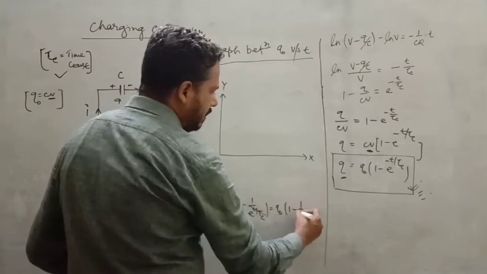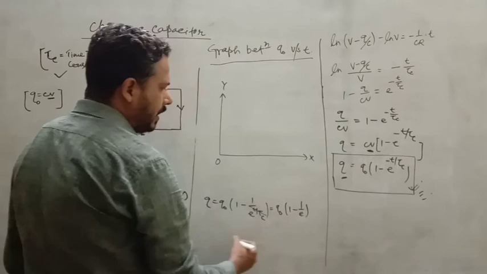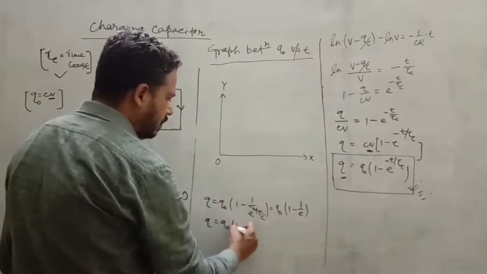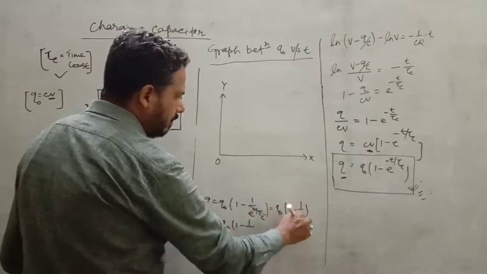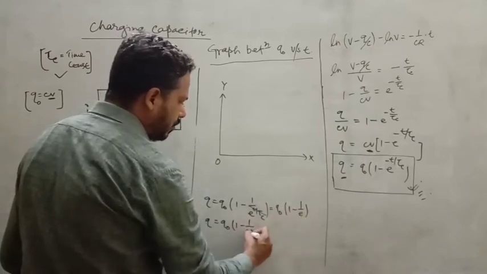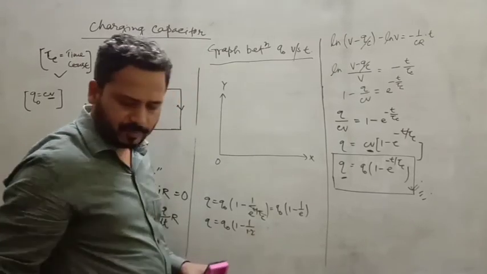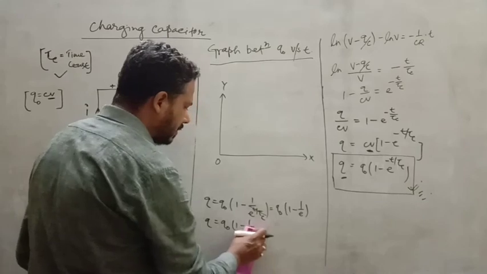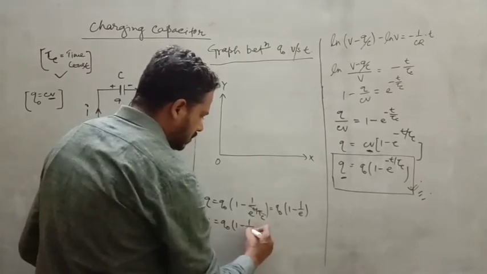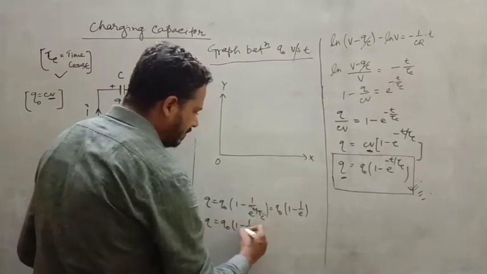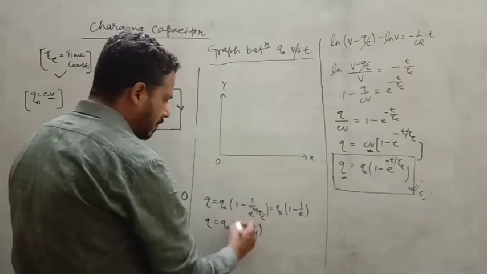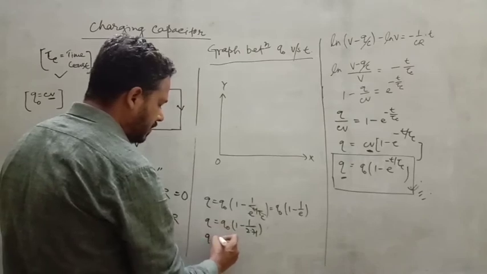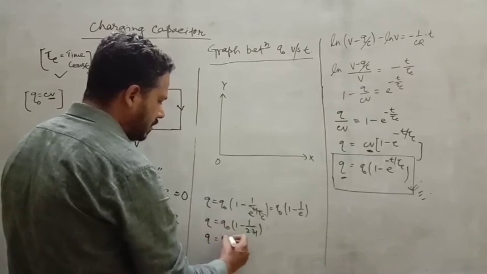Just put the value of e, which is 2.71. After doing the calculation from here, you will get Q equal to Q naught times 0.632.